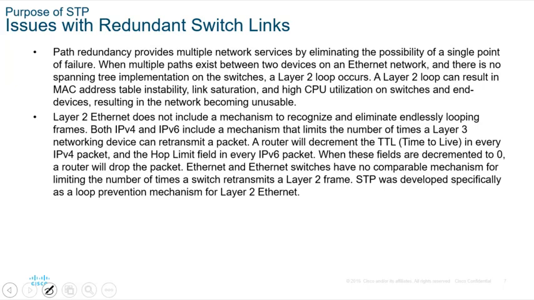So what helps on layer 2 is STP. STP will block the redundant link so that there is just one primary route on the switched network.